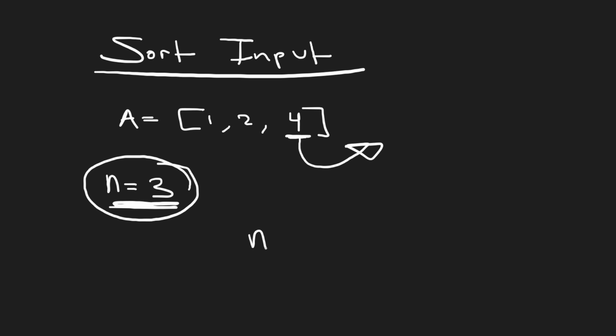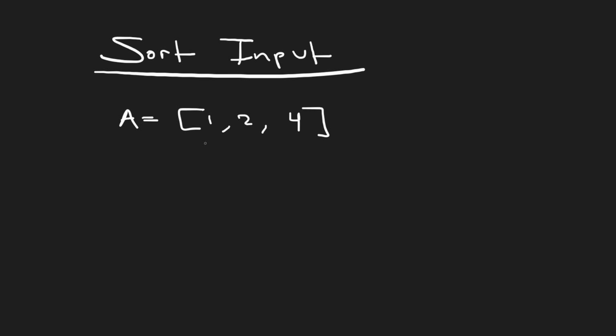Now, the time complexity is going to be n log n because we are sorting this input array. But one thing to notice is the size of our input array. The size of the input array is 3. So in the worst case, the largest the smallest missing positive integer could possibly be is 4. Why is it 4 in the worst case?